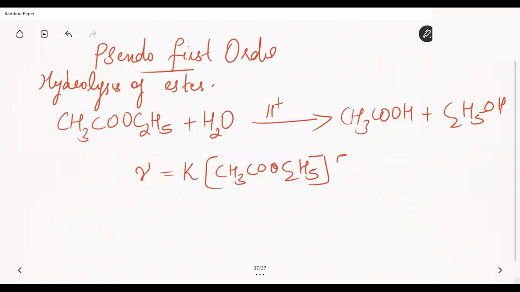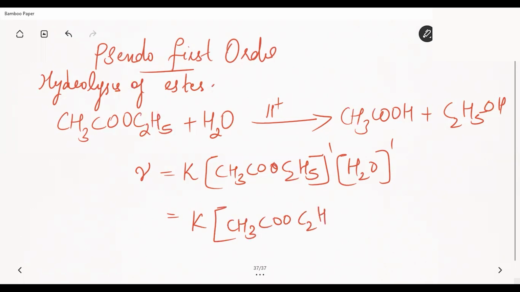Actually it appears to be a second order reaction, but it actually behaves as a first order reaction, as the reactant water has no effect, not much altered during this reaction. So this reaction appears to be higher order but is first order. This is called a pseudo first order reaction.